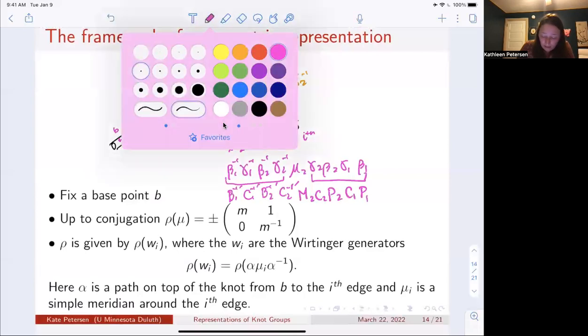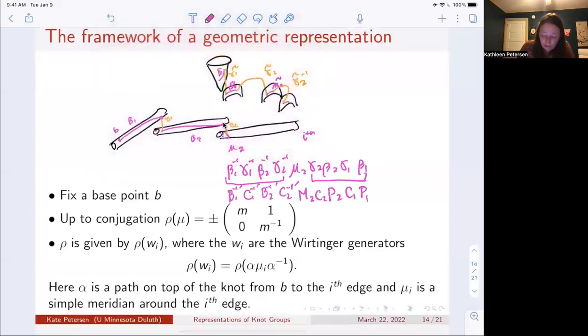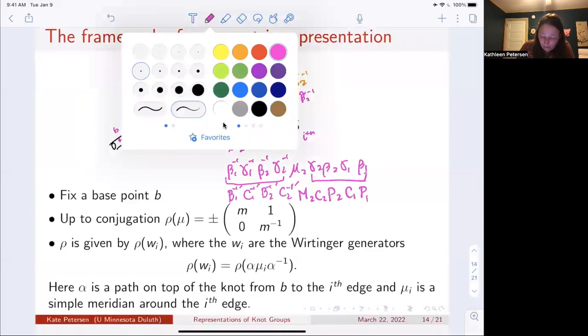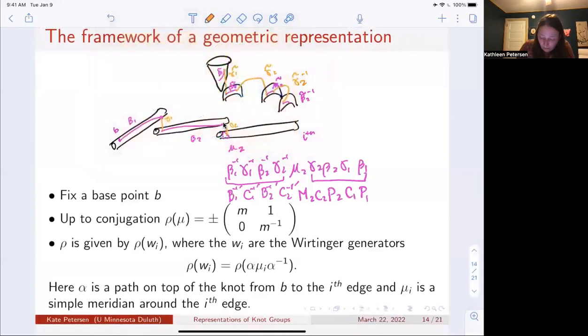And then we continue in the same way. We get another lift of beta 2 inverse. And then we do a geodesic gamma 1 tilde inverse to another banana. And finally, beta 1 tilde inverse.